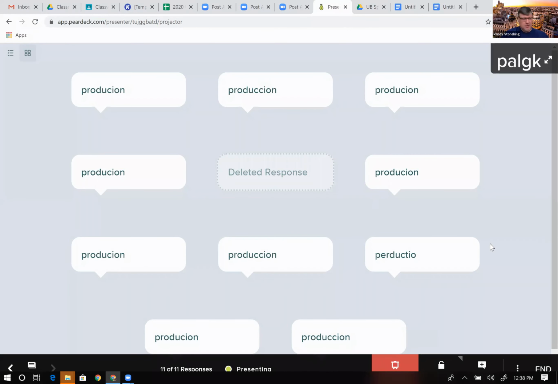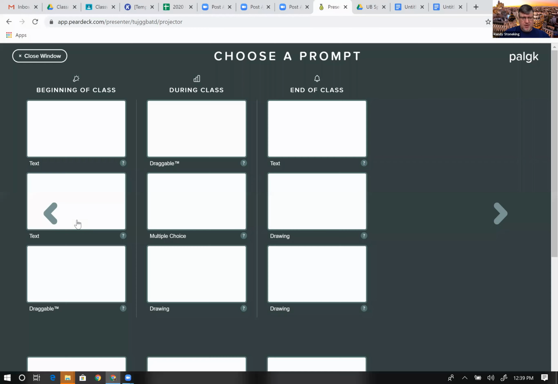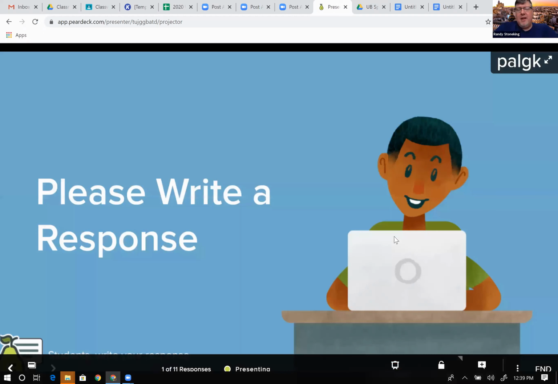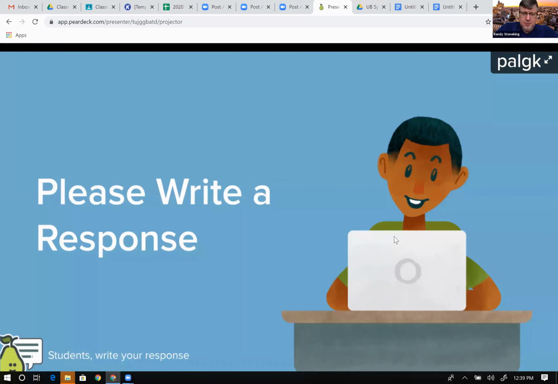Okay, let me give you a different word here. How about if I give you the word naturally? If I give you the word naturally, can you write that in Spanish? Remember what that L-Y changes to.